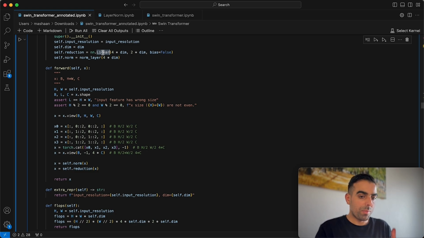They let a linear layer do the reduction, and that linear layer is part of the huge neural net. It's part of the huge Swin Transformer, and it's optimized as part of the neural net. So I think this is the correct way to do it. Not to touch the images and make all the operations on images optimizable by the neural net.